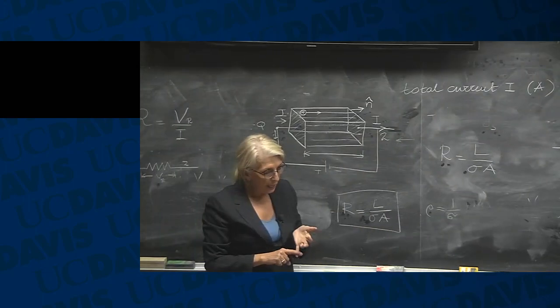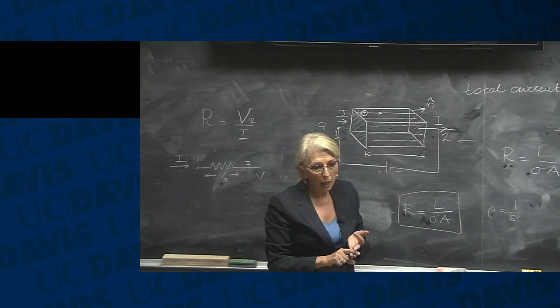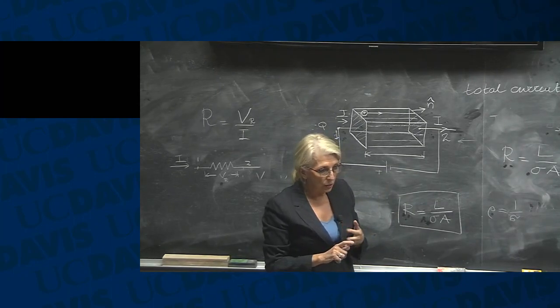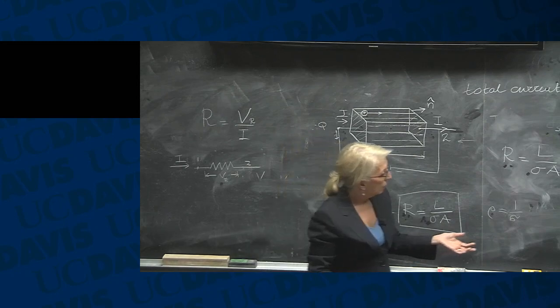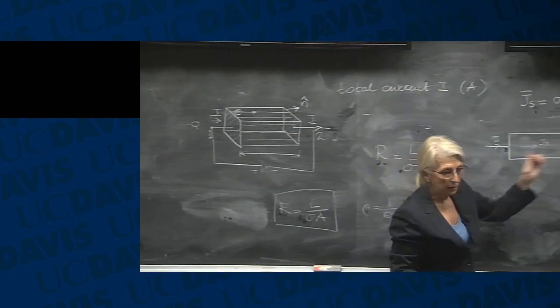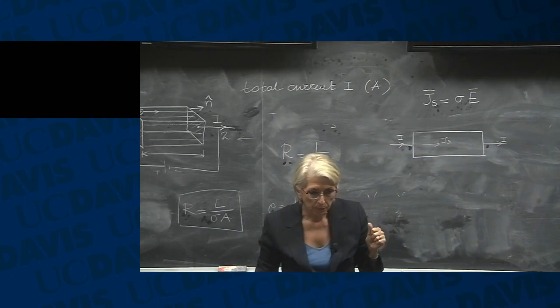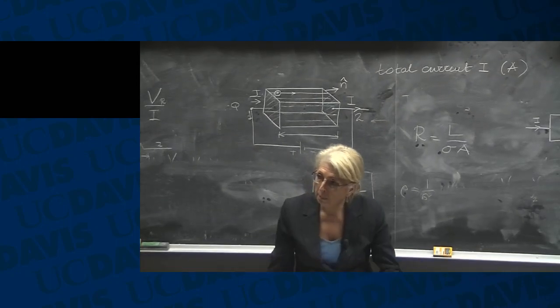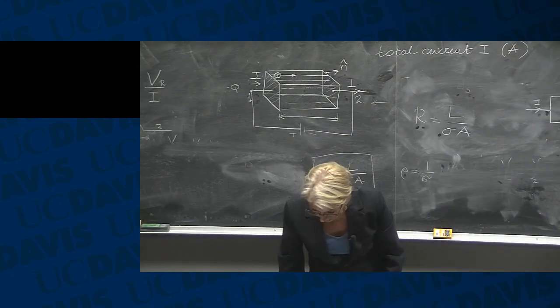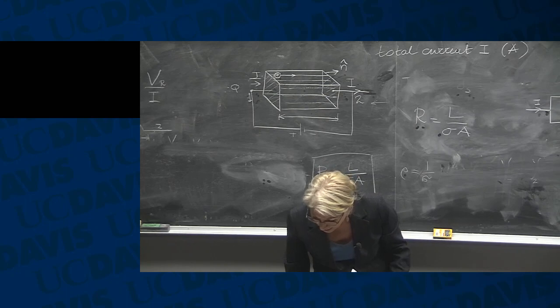But you cannot generate charge out of nothing, and you cannot destroy it either. So charges do not disappear and are not generated out of nothing, which means that eventually the currents at different nodes have to be continuous. And that is important in the following simple example, and that's going to be the end of this session.